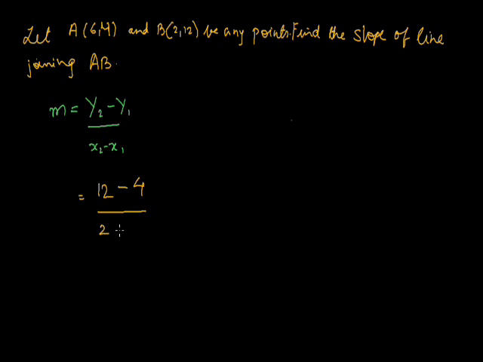I'll write 2 minus x1, which represents the x coordinate of point A, which over here is 6. So 2 minus 6. 12 minus 4 is 8 and 2 minus 6 is minus 4. When I simplify 8 upon minus 4, I get the slope of the line joined by these two points A and B, and its value is minus 2.